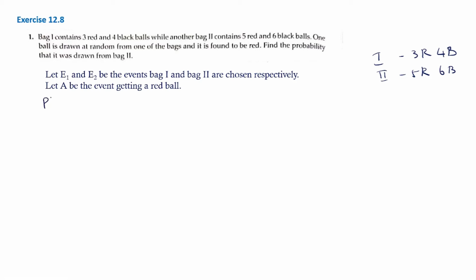So probability of E1 is half and probability of E2 is also half. We need to find the probability that it was drawn from bag 2, so we need to find probability of E2 given A.